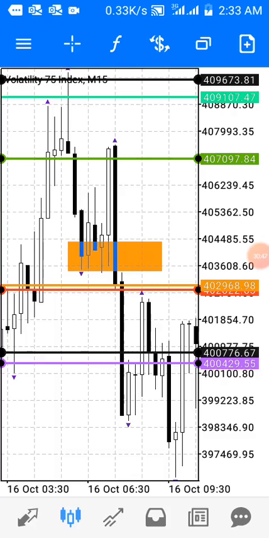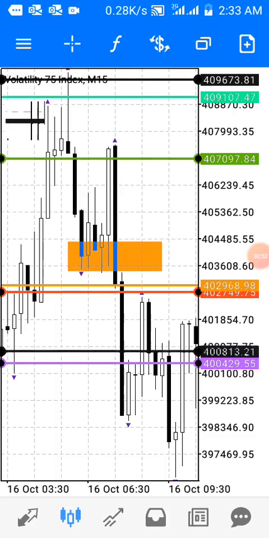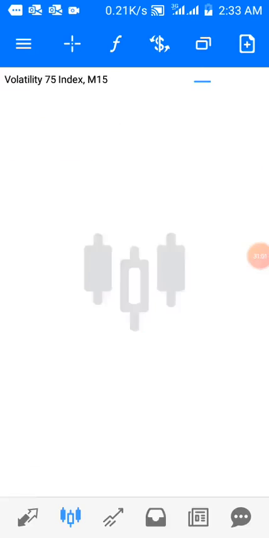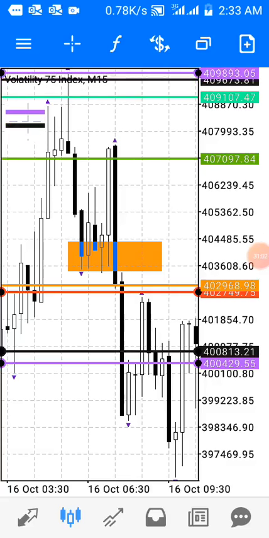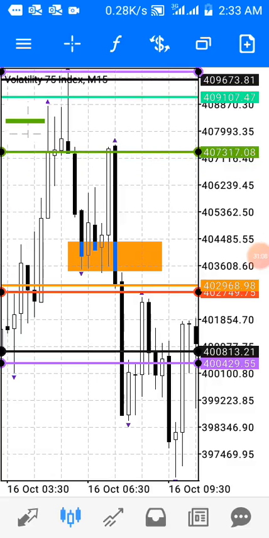Same thing for my initial entry order: I set the take profit to be 2,500, and the stop loss, let me get a purple line, will be 6,700, which is 4,000 up to the first edge trade point, then 2,500, which is the take profit of the first edge trade point, then plus 200 above that 2,500.